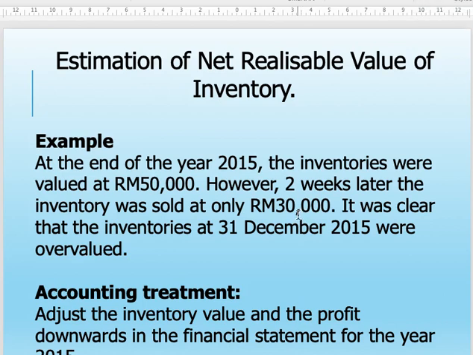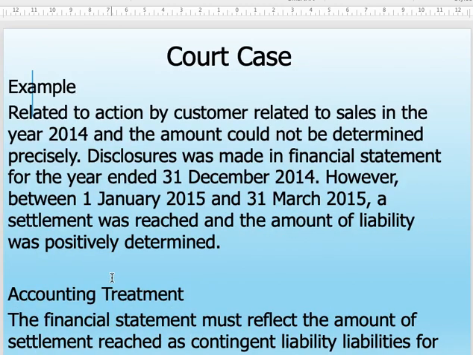In this case, the lower will be 30,000, not 50,000. So what you have reported in your financial statement is not correct. It has been overvalued. Therefore, you have to adjust your inventory value and the profit downward. So you have to reduce your inventory and your profit for 2015. So this is an adjusting event.